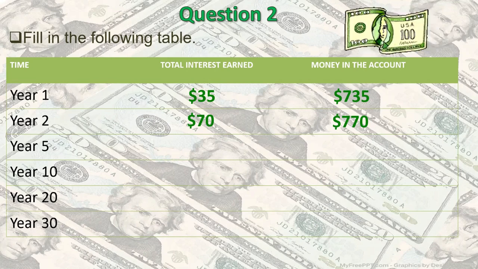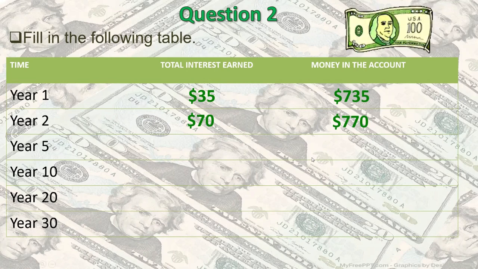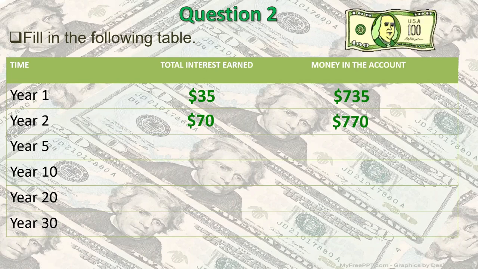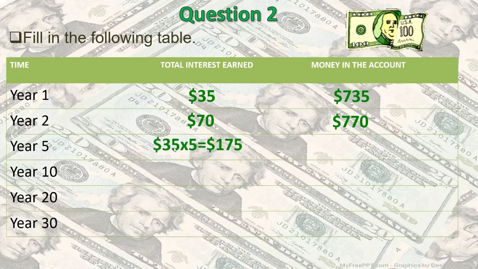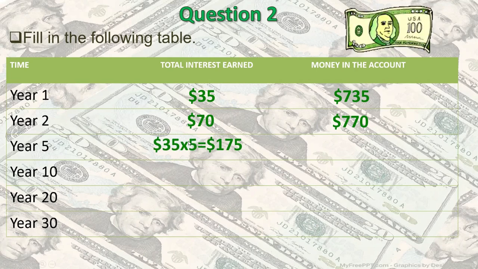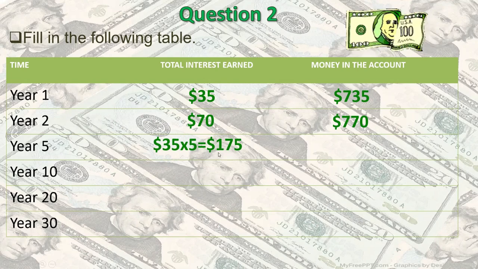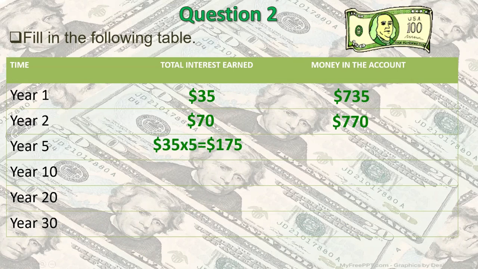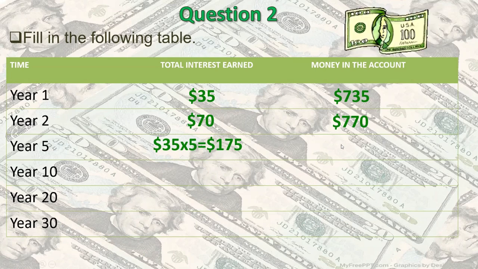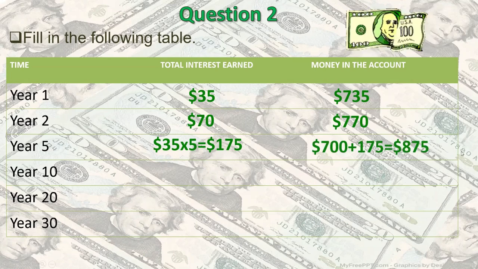Well, now let's put it over 5 years. So we leave it in the account for 5 years, earning the simple interest of 5%. So that would be $35 times 5 for the 5 years we let it sit. So we'll earn a total of $175 in interest. We take this $175 and add it to our original $700 to get $875.